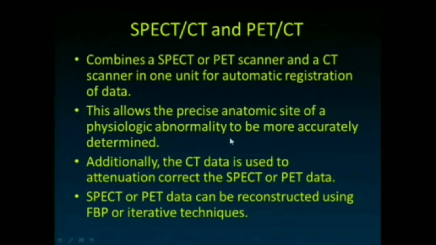In addition, that CT data set is a measure of attenuation maps, and it can be used to correct the attenuation that occurs in PET imaging, right? As gamma rays try to escape from the body, some of them are attenuated. If we know the map of attenuation of the body, let's say from a CT scan, we can correct for that.